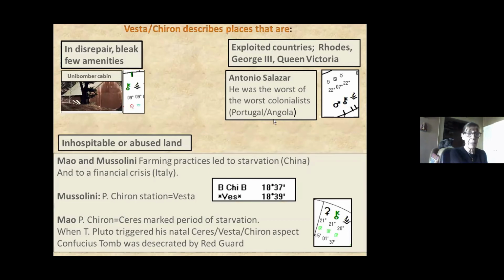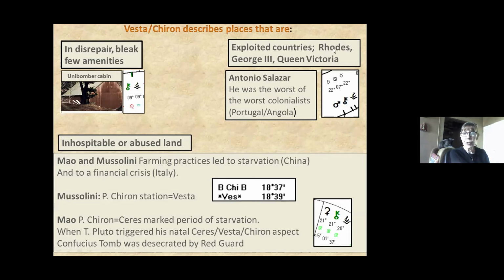Here was the cabin of the Unabomber, and that was a low amenity cabin. Countries that were exploited for their resources. I mean, we can actually put this in the category of abused land. We could talk about why exploited countries are Vesta Chiron, but we'll continue for the moment.